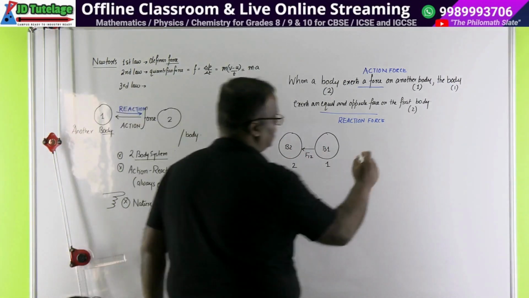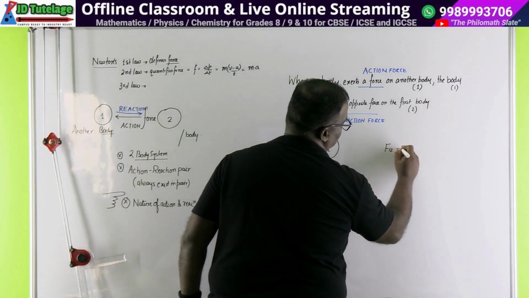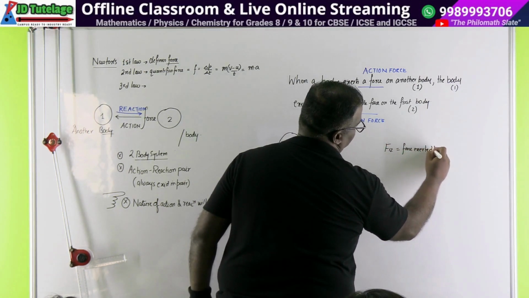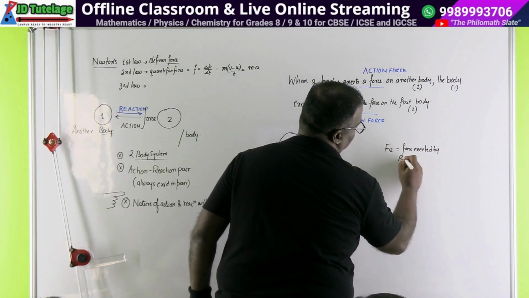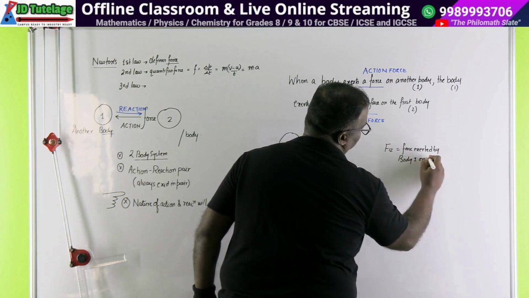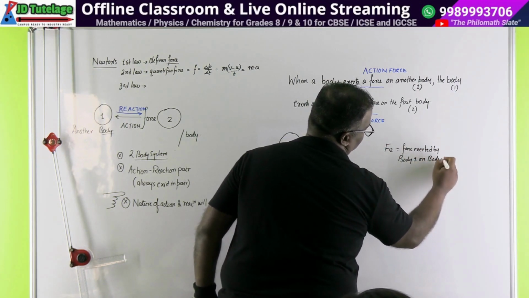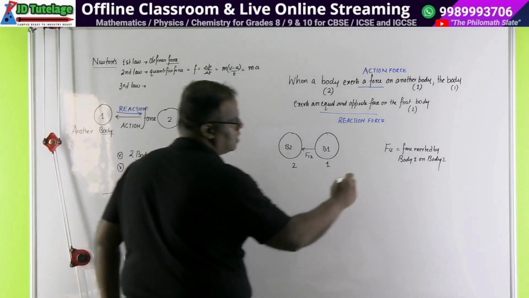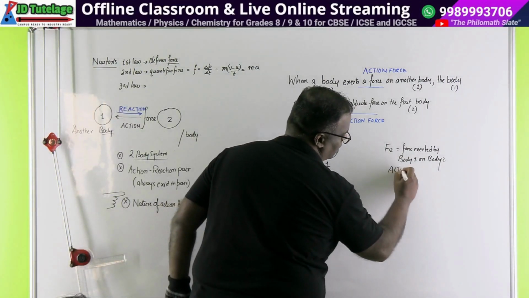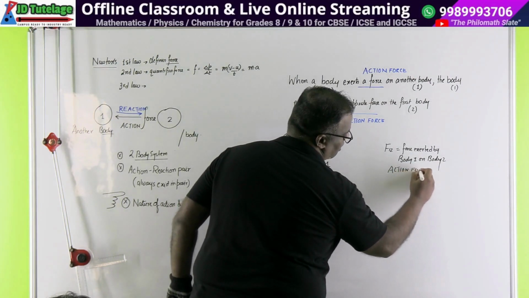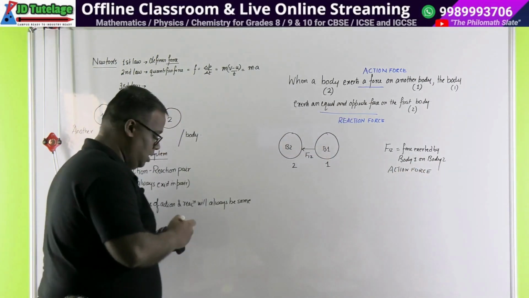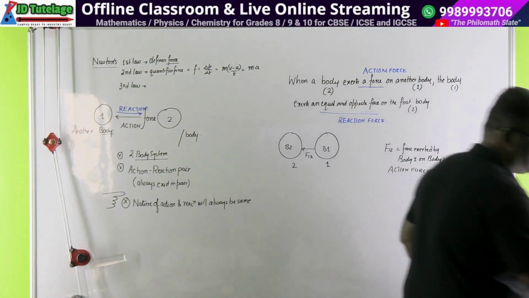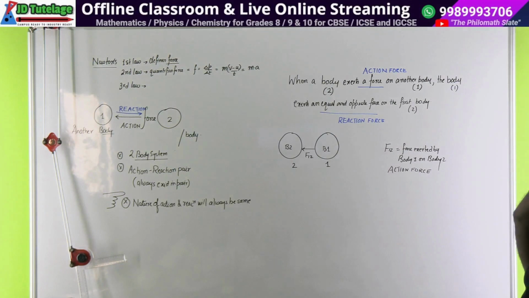F12 is force exerted by body 1 on body 2. So this force will be known as my action force. So what does Newton's third law tell me? Newton's third law tells me that what nonsense is happening now today.